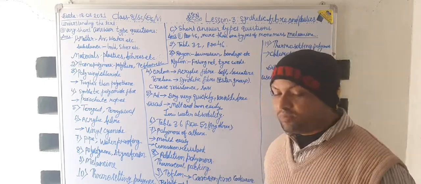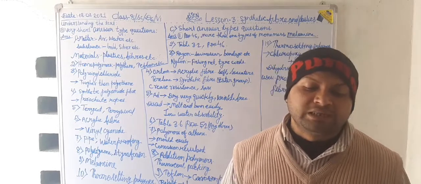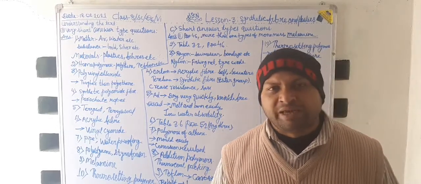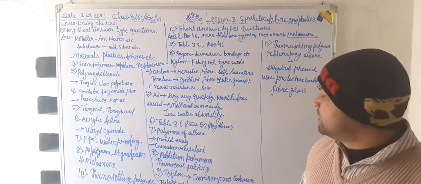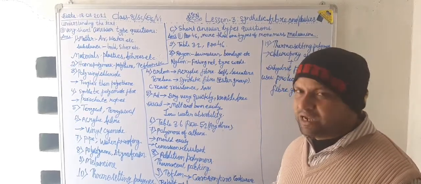Now question number 9. Give two applications each of Teflon and bakelite. Two examples of Teflon and bakelite are given here.